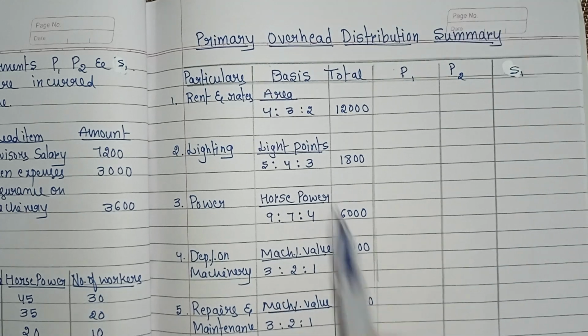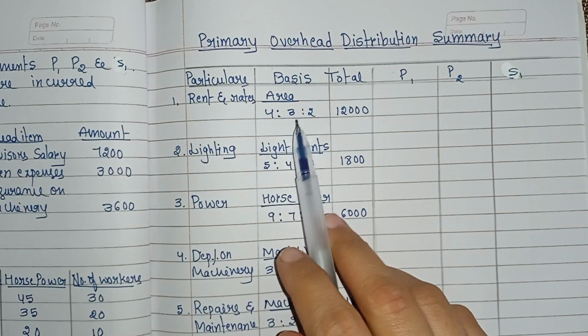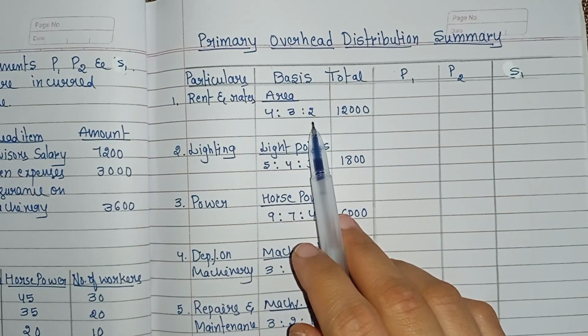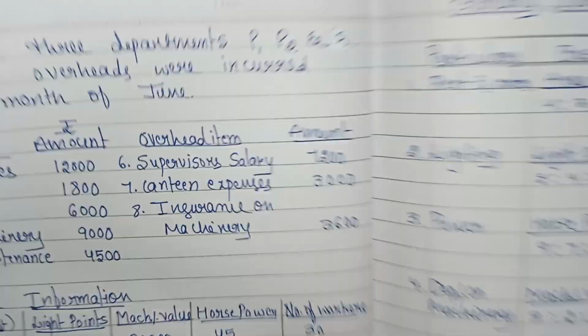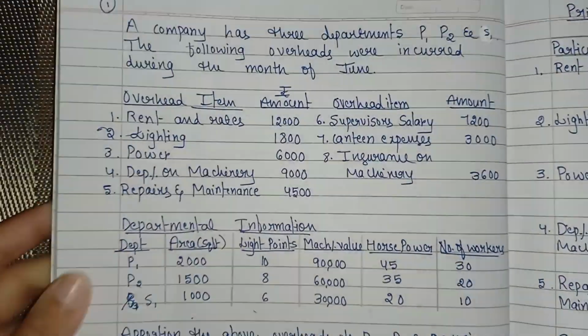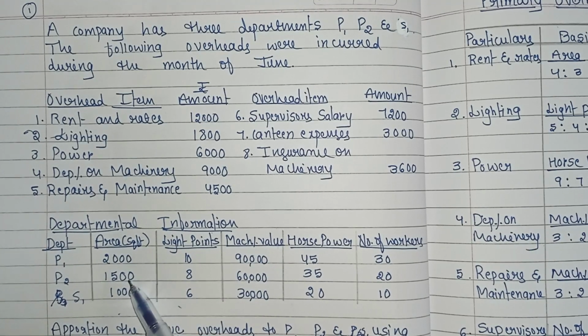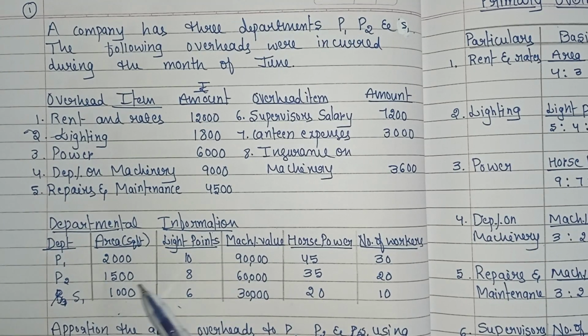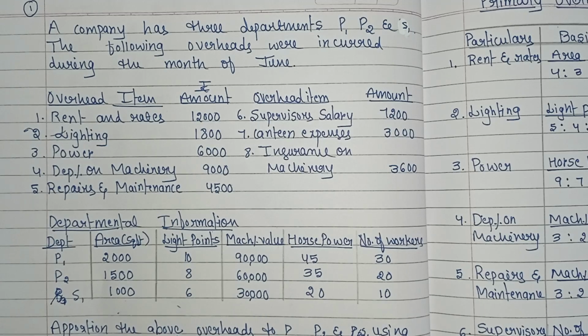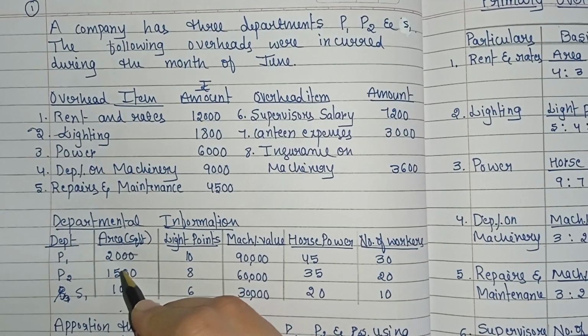Rent and rates we need to apportion on the basis of floor area, right? See here, the floor areas are 2,000, 1,500 and 1,000. Here you just need to remove two zeros.